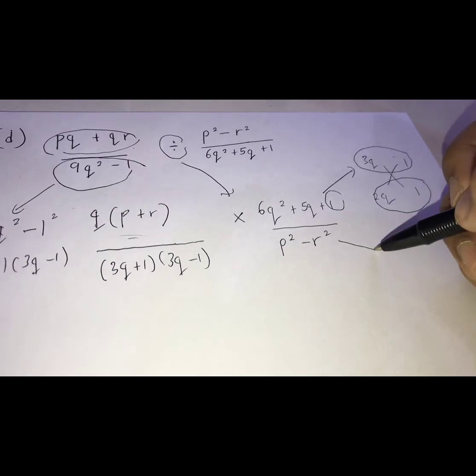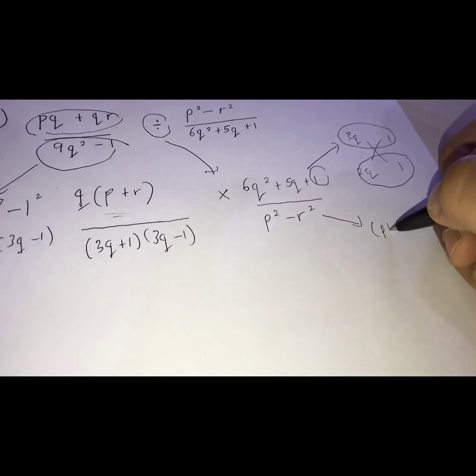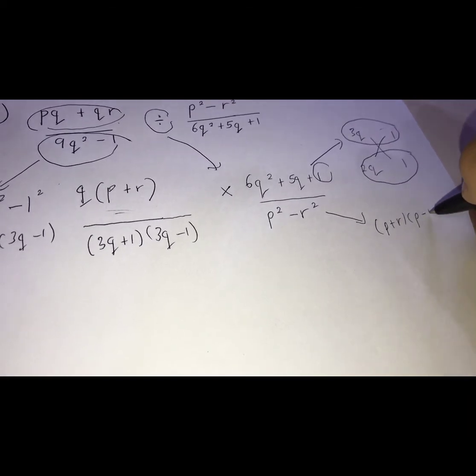And then this one is perfect: P square minus R square equals (P plus R)(P minus R).